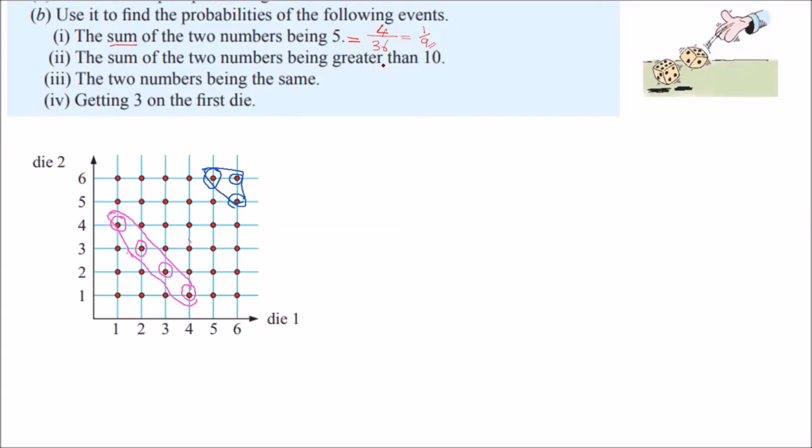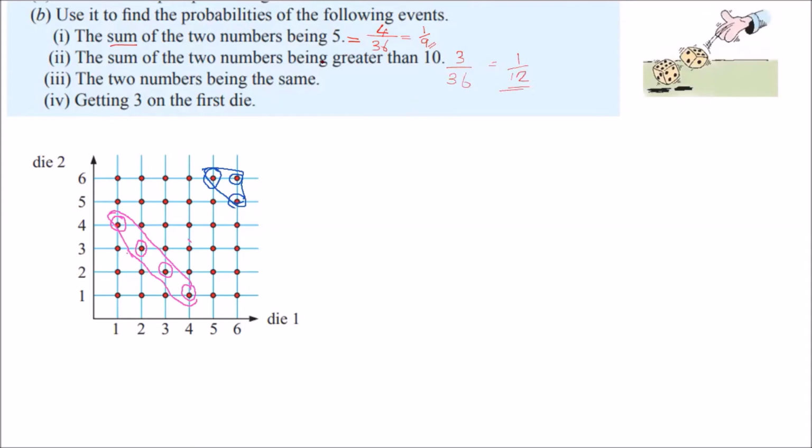Therefore, what is the probability of the two numbers being greater than 10? 3 over 36, which is 1 over 12.